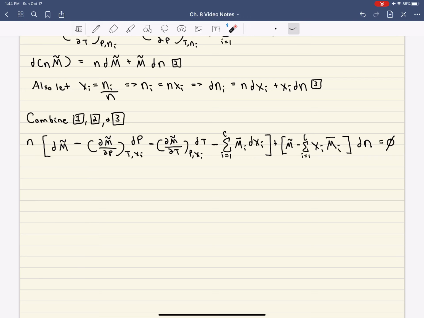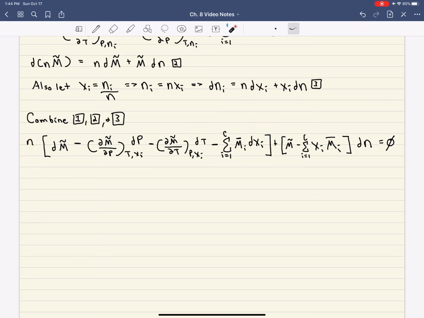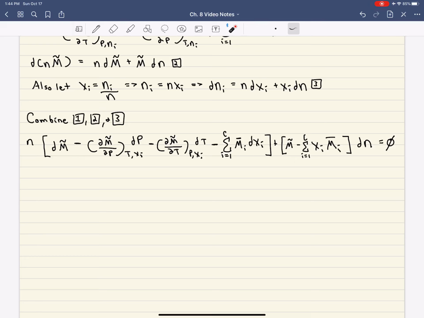And so even if we make this number a billion, and change this number to whatever, this sum is still going to be equal to 0, okay? And so what that means is that in order for this entire equation to be equal to 0, and to be unaffected by whatever our values of N and dN are, the stuff inside the brackets has to be equal to 0 at all times.